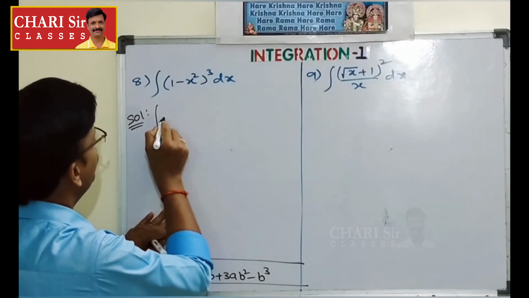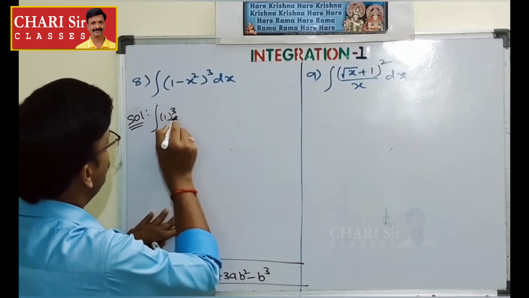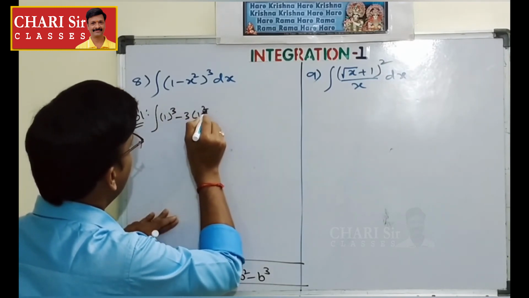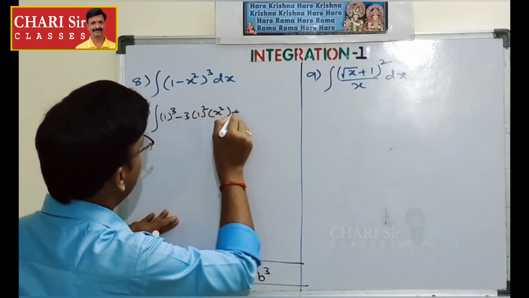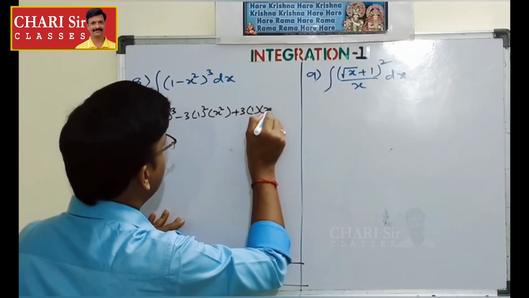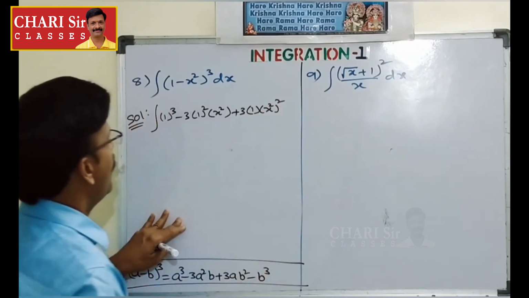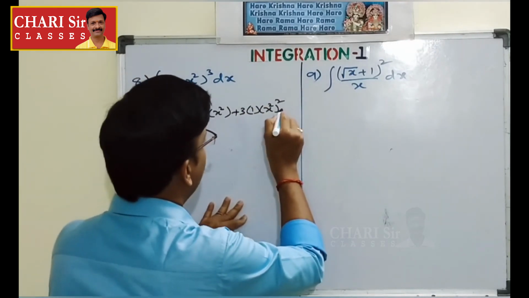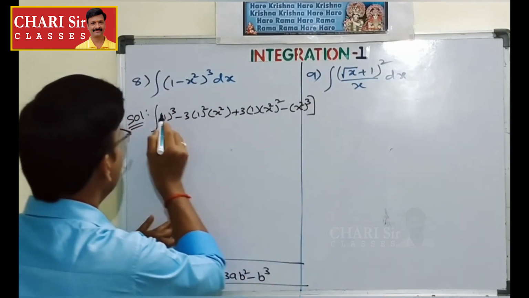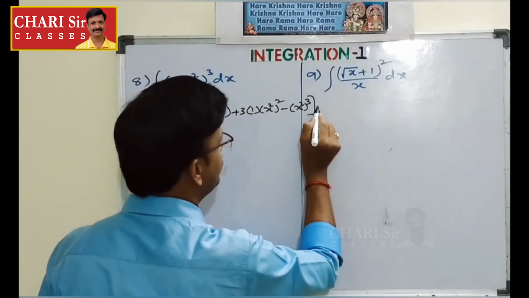I can write it here: 1 cube minus 3a square b, that is 3 into 1 square into x square, plus 3ab square, 3 into 1 into (x square) whole square, and also minus (x square) whole cube, for this whole dx.